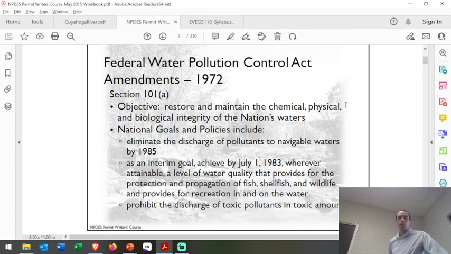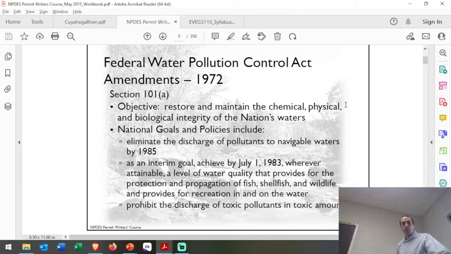1972, the objective there for the Water Pollution Control Act is to restore and maintain the chemical, physical, and biological integrity of the nation's waters. If you think about that, restore and maintain, so restore them to, I guess, a non-impacted state would be the goal there, and then maintain that so that they could sustain the typical activities you would expect from a natural system.